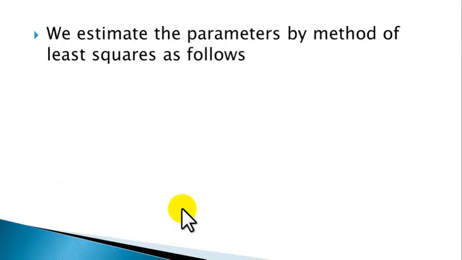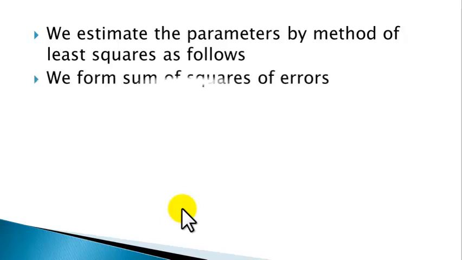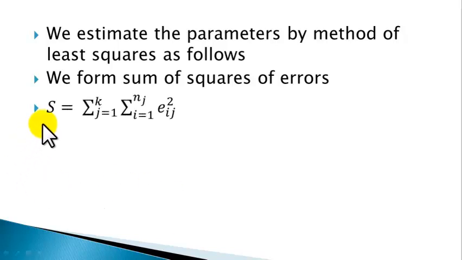We estimate the parameters by the method of least squares as follows. First, we form the sum of squares of errors. That is, S equals the sum over j from 1 to k, sum over i from 1 to nj of Eij squared.